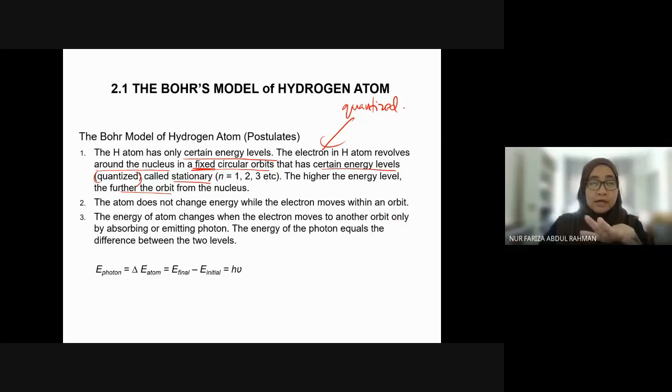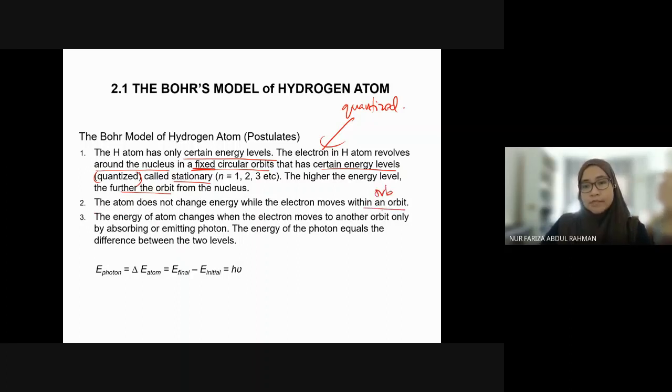There is no energy change to the atom, because the electron is only moving within the orbit, not going to, or getting excited to, another orbit or energy level. So this is number 2. This is to highlight the orbit.